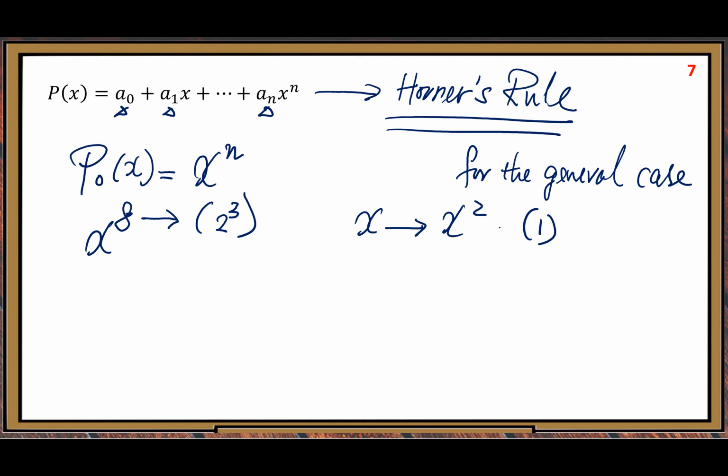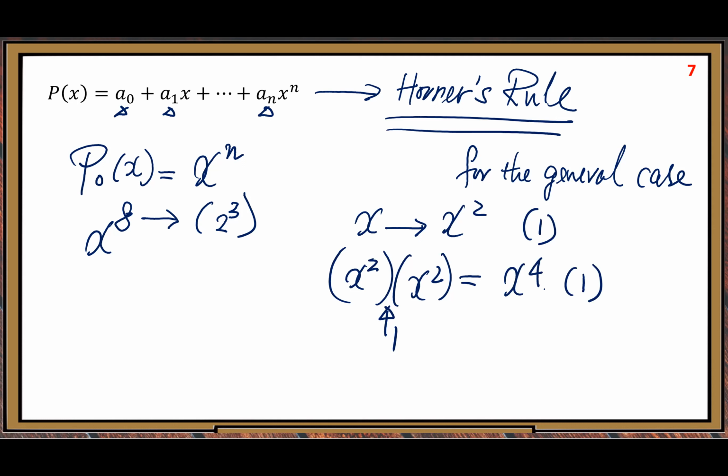Because you already have the x squared value, you multiply x squared by itself, just one multiplication, and you go to x to the 4th. Another multiplication, you go from x squared to x to the 4th. You only add 1. You jump faster.